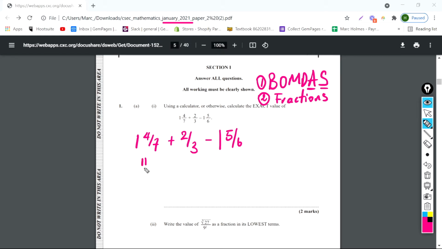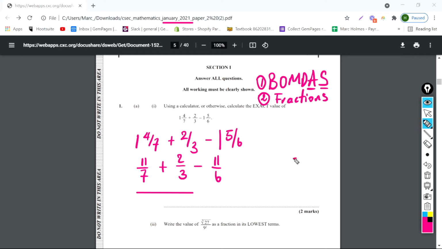So this should be 11 over 7, right? 7 times 1 plus 4 would give us 11 over 7 plus 2 over 3 minus 11 over 6. Cool. So the first thing we're going to do, guys, is add. We're going to add this 11 over 7 and this 2 over 3.